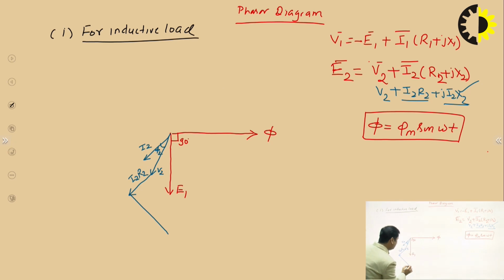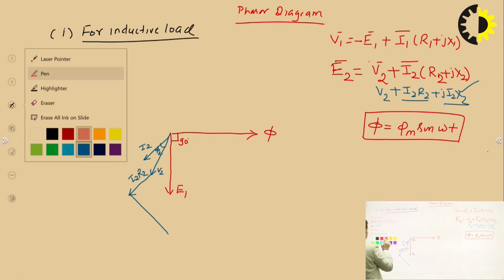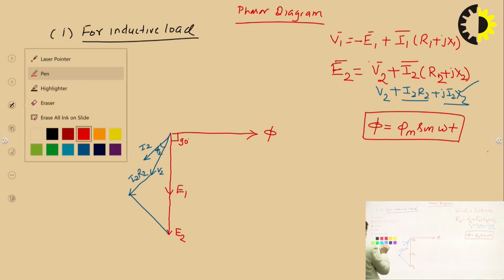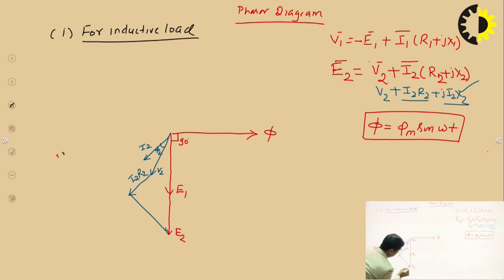If you extend this part, it will be your E2. This is my j I2 X2.